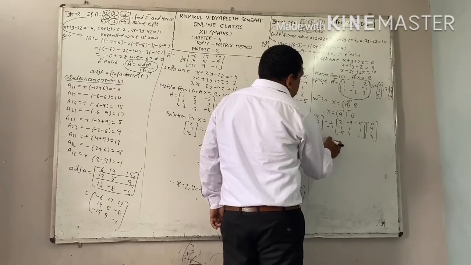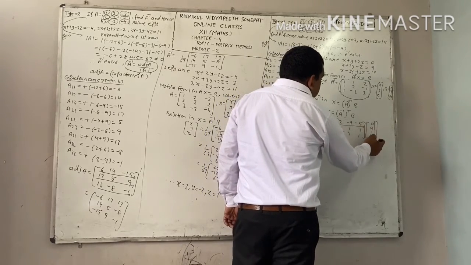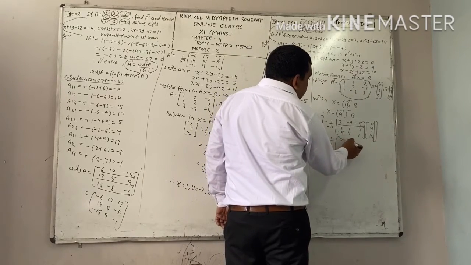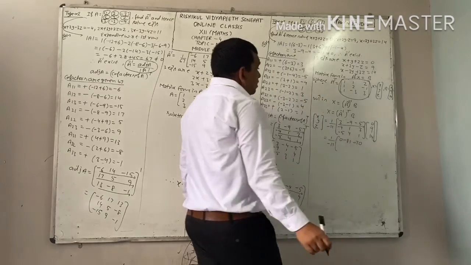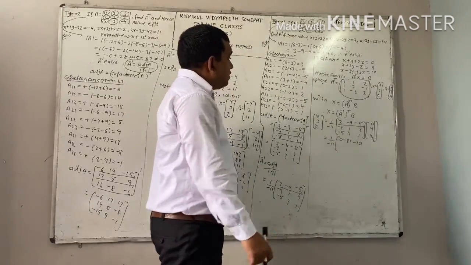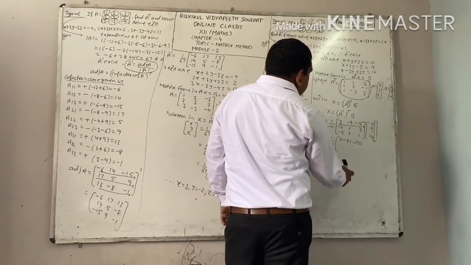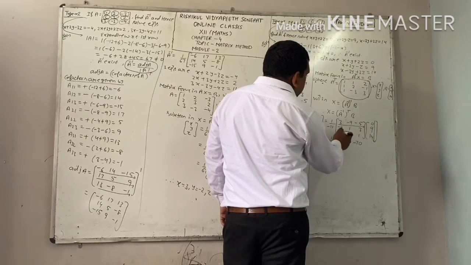See, this is your first row, multiply it with the column. This is your 0 minus 81 minus 70.